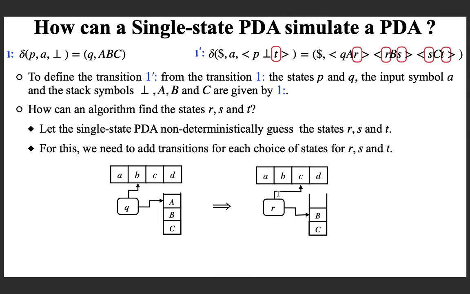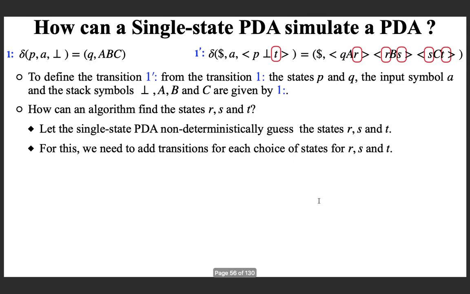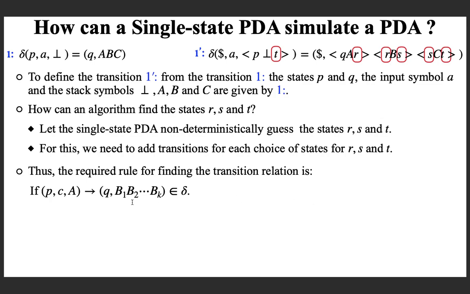It means you are taking out that capital A in a single step, and then you can add that transition, and in general this could be a transition in the original machine. And what is it saying? If you are in the state P, you are reading the small c as input and capital A on top of the stack, then what do you do?